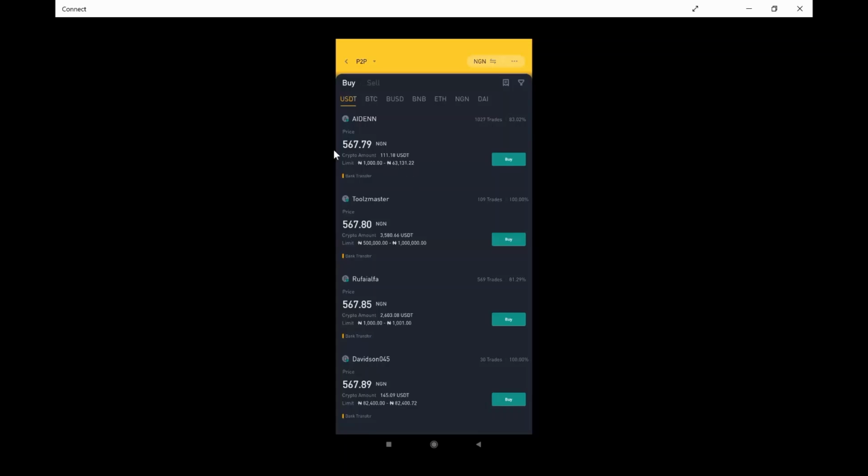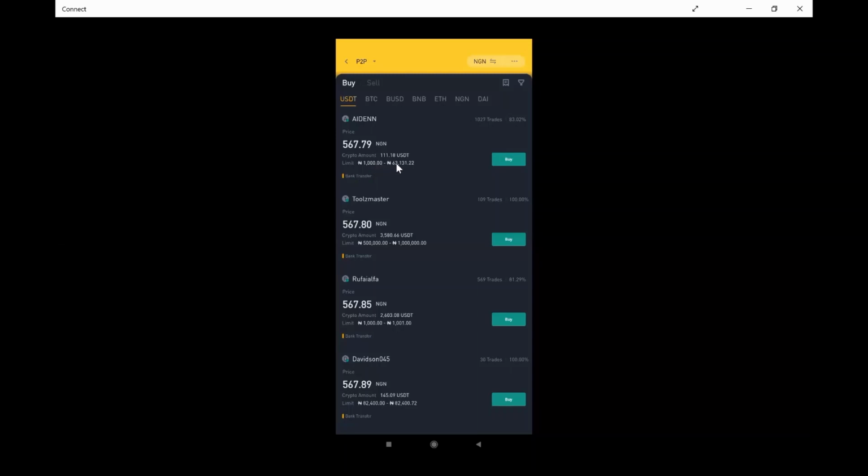It means Aiden is willing to do business within this range, 1,000 to 63,000. If you want to buy 500 naira worth of USDT, you can't do business with Aiden because his limit starts from 1,000. So to do business with him, the minimum you need to buy has to be 1,000 naira.